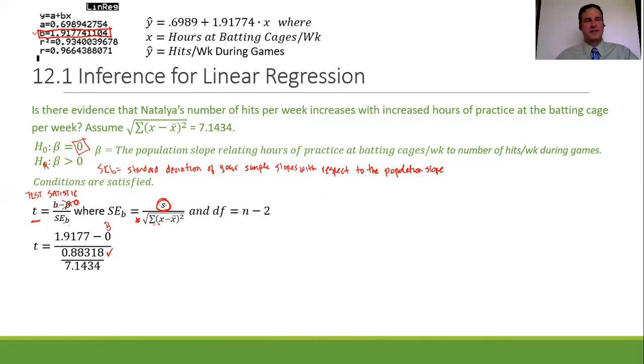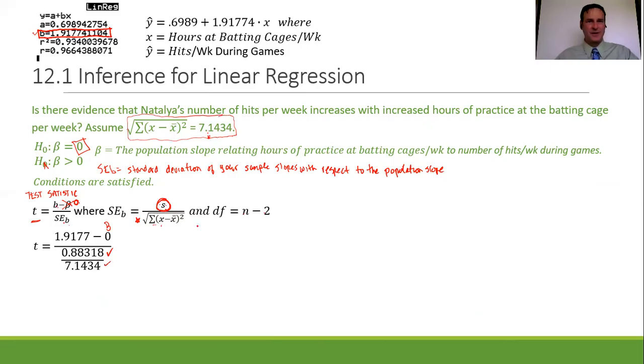Some people ask how you get this value. Luckily for us, they provided it, but it's basically a variation of the standard deviation of your x's. So we will put that down here.